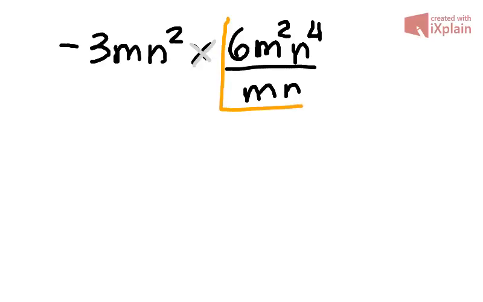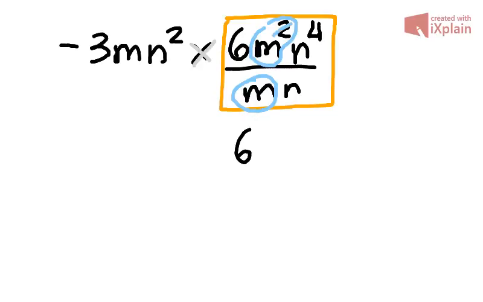Let's look closely at this fraction because we already have a fraction there. So numbers 6 and 1, there's no need, it can't go down any further. But we can check m squared and m. We've done that before, so the 6 stays as it is. The m squared goes down 1 unit to cancel with the m on the bottom. So we have m to the power of 1. We don't need to write that 1.